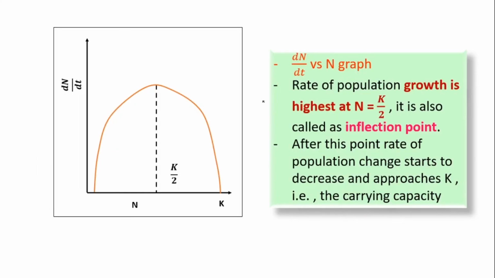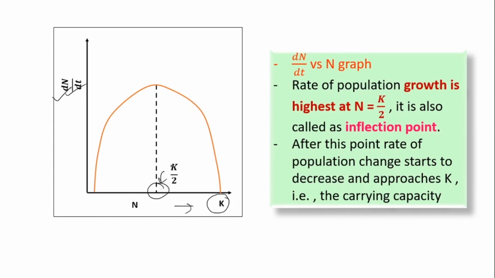This is the graph of dN/dt versus N, and it is showing a bell-shaped pattern. dN/dt is on the y-axis while N, the population size, is on the x-axis, and its highest limit is the carrying capacity, K. The population shows an increasing growth pattern till the point K by 2, that is half of the carrying capacity.